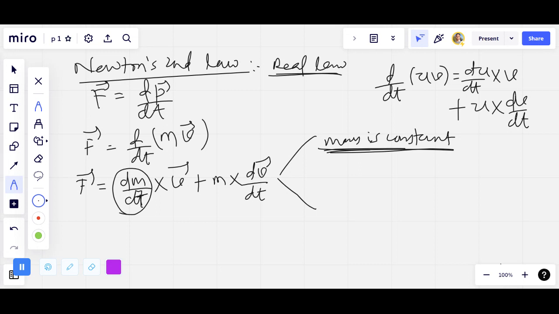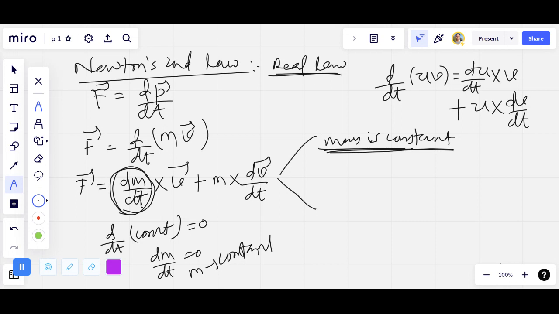D by dt of any constant quantity will be 0. So this term will become 0, and only this term will be there. F is equal to m dv upon dt.